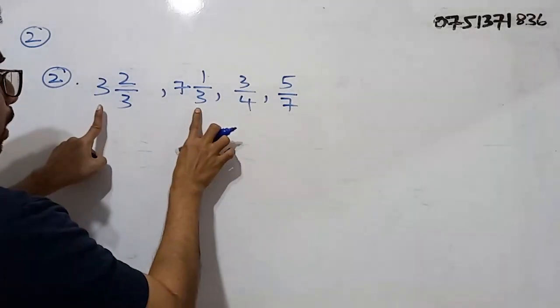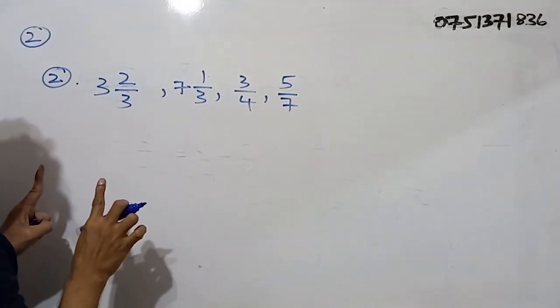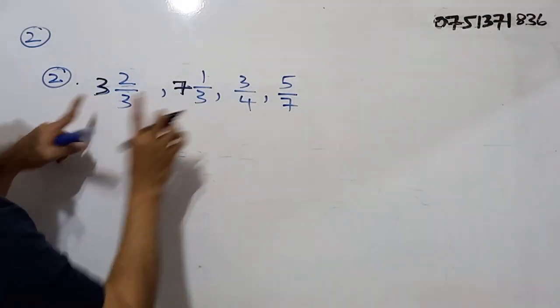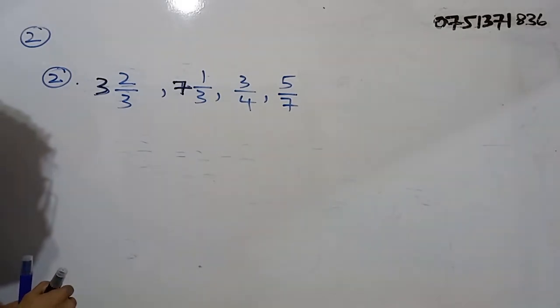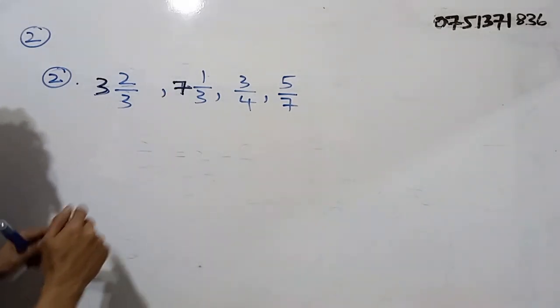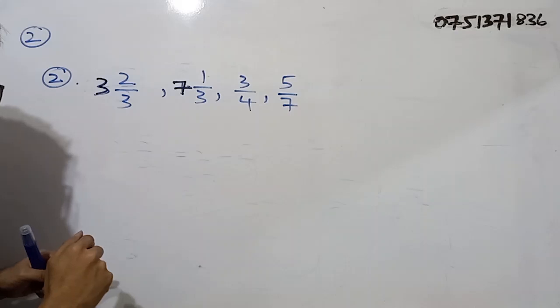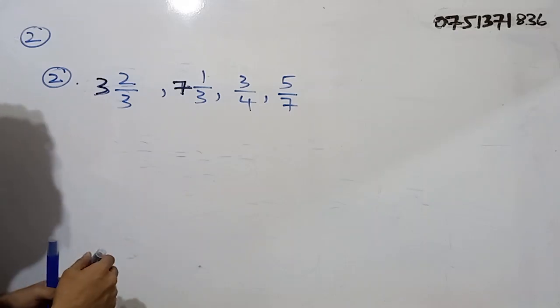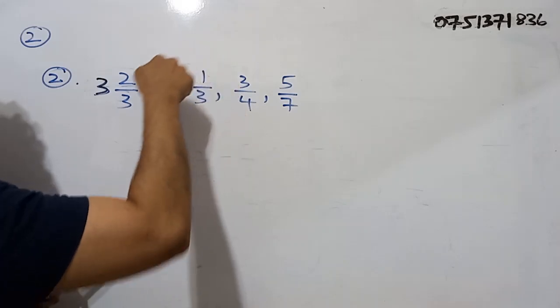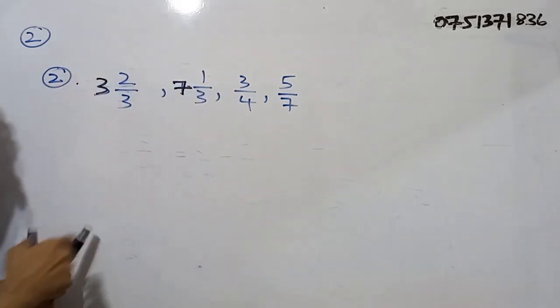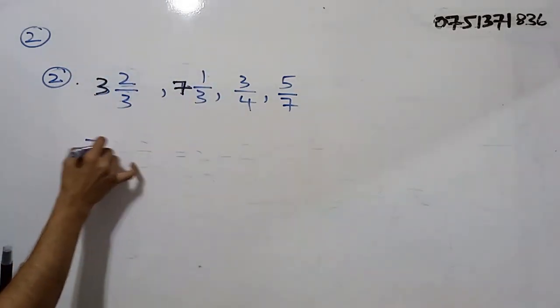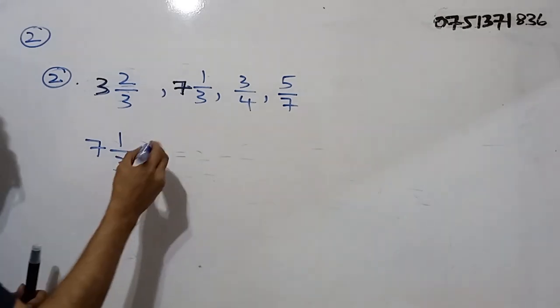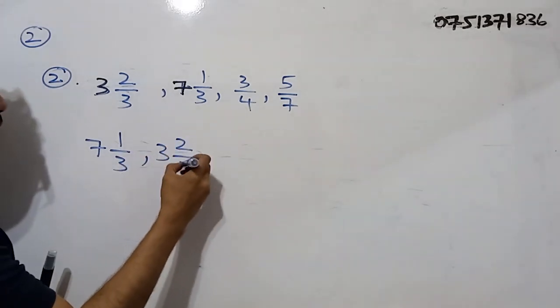Now when we compare these two fractions, if we take a look at the whole number parts, they are different. That means we can very easily compare these two mixed numbers based upon their whole number parts. So that means this fraction is larger than this one. So I can write 7 and 1 by 3, then 3 and 2 by 3.